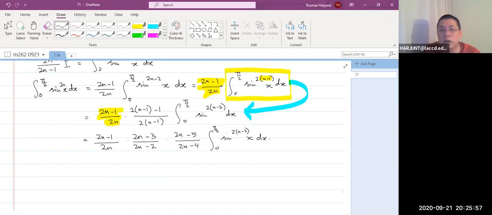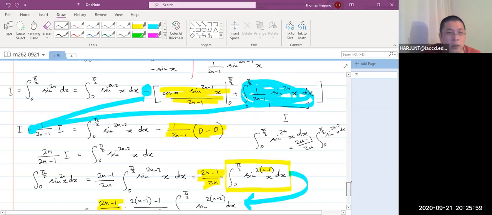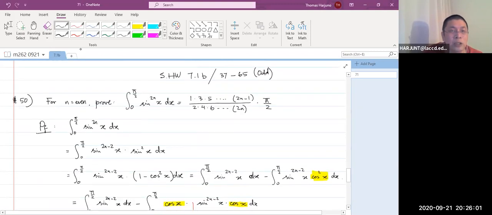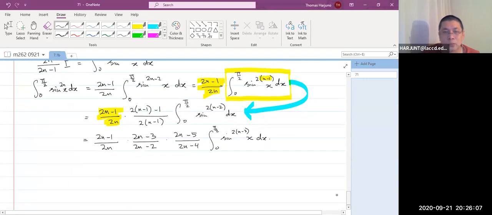Oh no, I didn't say that n is even. My bad, I need to change this. 2n is even. 2n is even. Okay, so you will see eventually, if 2n is even, this is 2n minus 1, this is 2n, and you see the numerator is 1 less than the denominator.